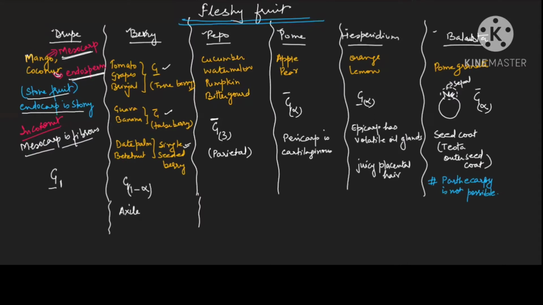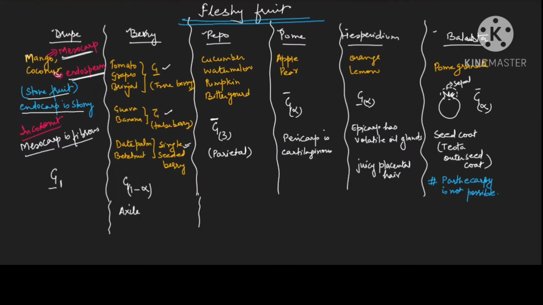In the coconut, the edible part is endosperm. Generally, students get confused between endocarp and endosperm. Endocarp is a part of the ovary wall, and endosperm is a product of double fertilization, which leads to the formation of triploid tissue.